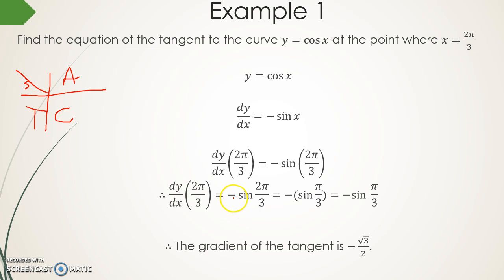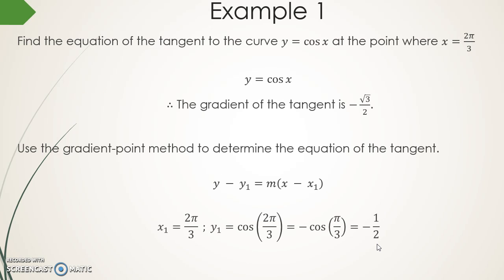So negative sine 2 pi over 3, it's still the negative, the sign doesn't change because even though it's positive there, we've got a negative sign here. So negative sine pi over 3, and using exact values, we have the gradient, or the value at that point. So the gradient of the tangent at 2 pi over 3 is negative root 3 over 2.